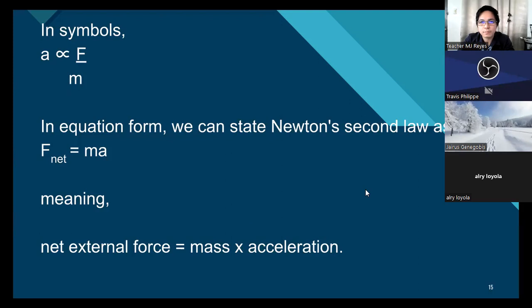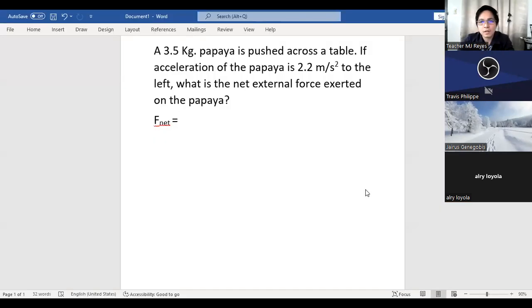Okay, let's go back to the problem. How can we solve it? Again, the question in this problem, first and foremost, we need to identify what are the given. Let's take a look at the given. What are the given there? 3.5 kilograms, that's the papaya, that's the mass.